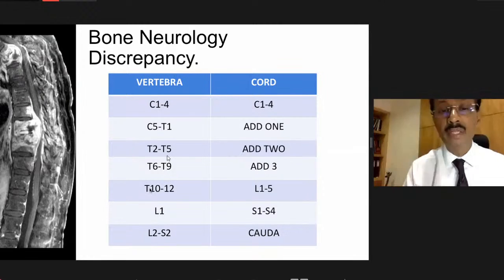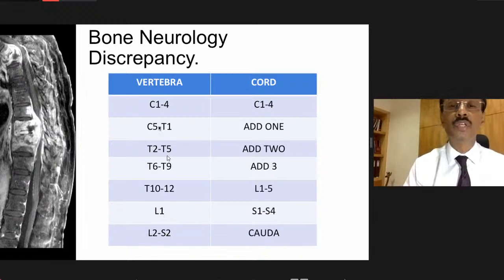Between the bone levels of T10 to T12, you have the entire lumbar spine segments involved. And at L1, you actually get the conus. This is the conus lesion. All of the S1 to S4 is involved. And between L2 and S2, that is the cauda equina. So this table must be imprinted in your mind.